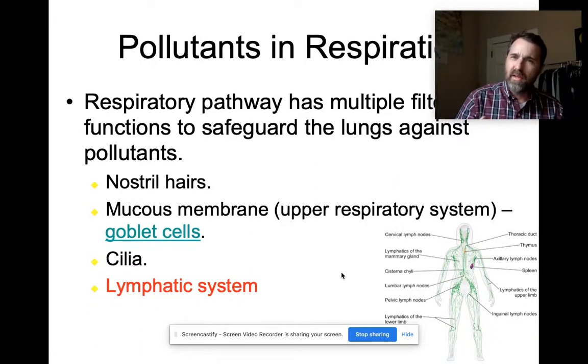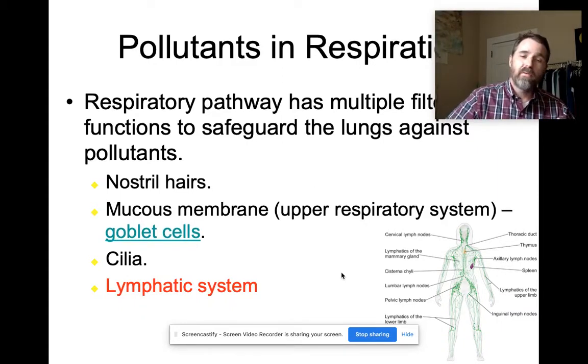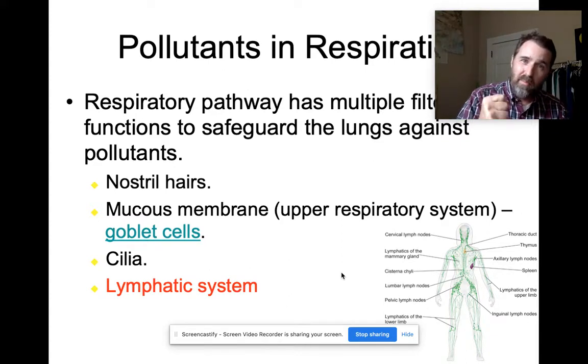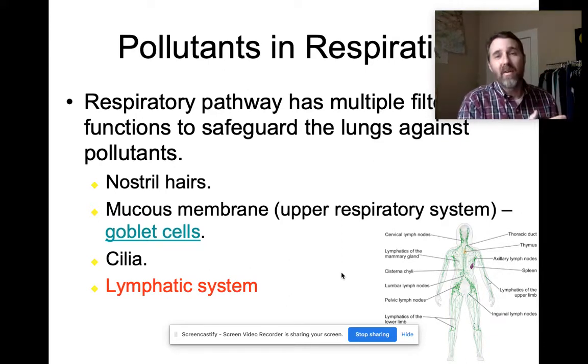So if you're breathing a lot of particulates, sawdust, or if you're a smoker or whatever it is, whatever foreign particulates you're breathing in, they're going to stick to those goblet cells. But those goblet cells with that mucus, they just can't hang on to that forever. They have to get it out of the respiratory system.